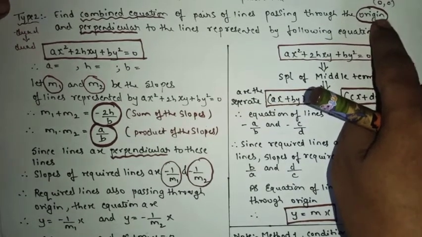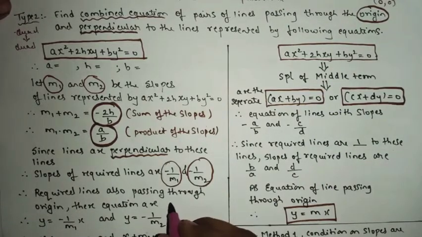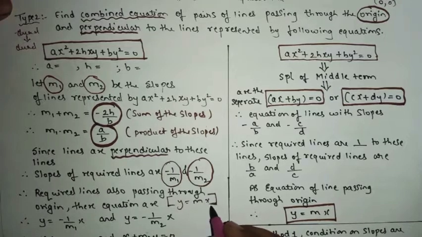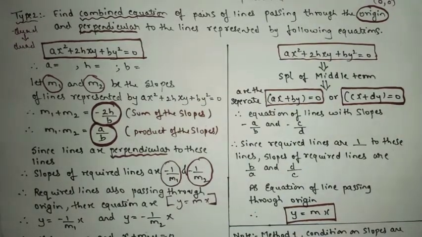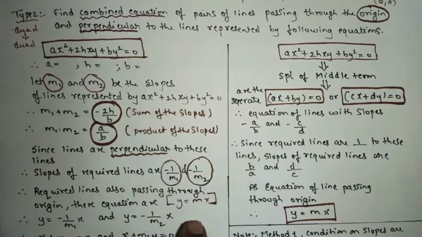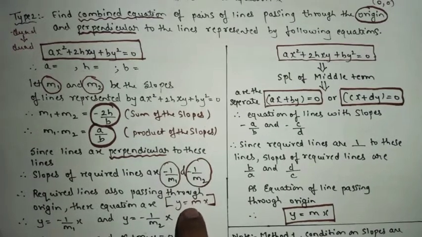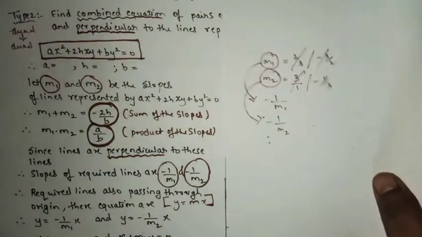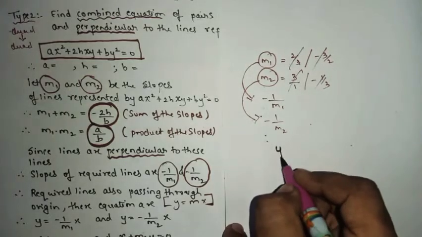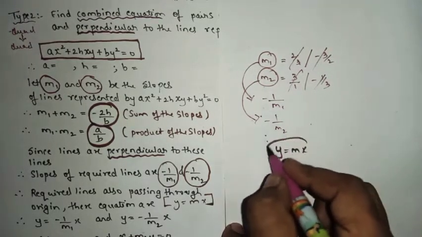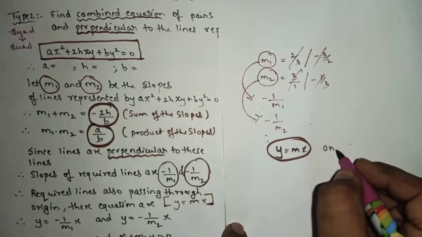So when it is passing through 0 comma 0, the equation of the line is y equal to mx, yes or no? As here we have two slopes, we'll use the formula for a line passing through the origin two times.